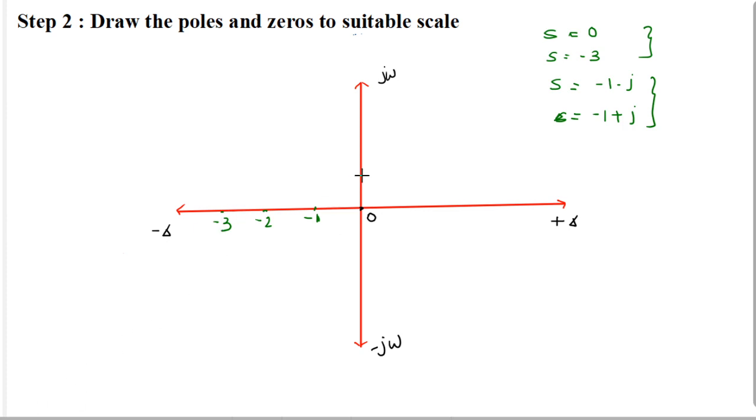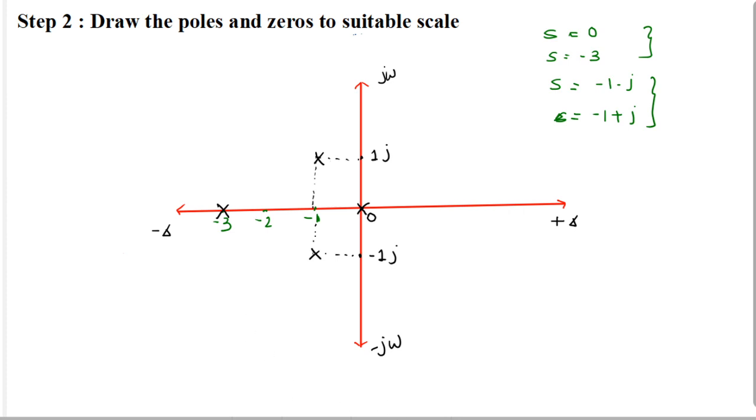I am plotting s equal to 0 here at the origin, and s equal to minus 3 here, a real pole. Then minus 1 minus j and minus 1 plus j: this is j, and here minus j. Minus 1 minus j is our one complex pole, and then minus 1 plus j here is another complex pole.